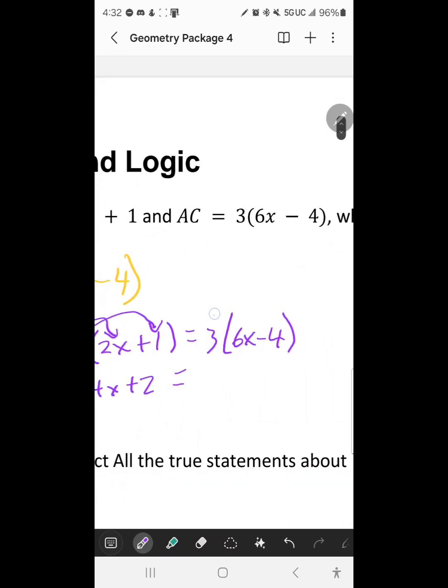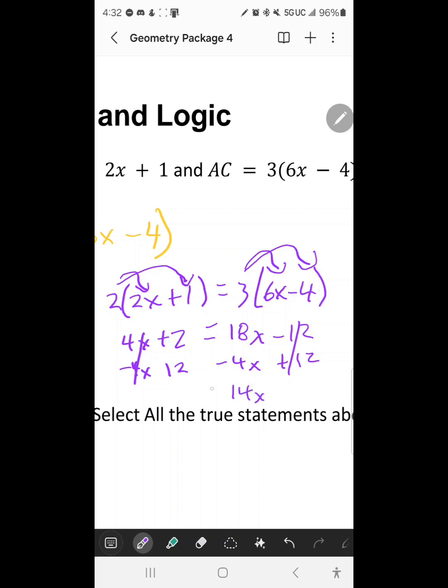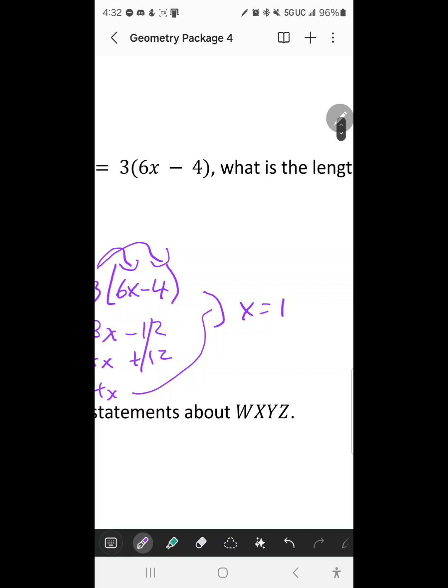And then here, 3 times 6 is 18x, and then minus 12. Now we subtract 4x from both sides, and we add 12. So this cancels out, this cancels out, this is a 14. And we get 14x equals 14. Therefore, if we divide both sides by 14, we get that x equals 1.